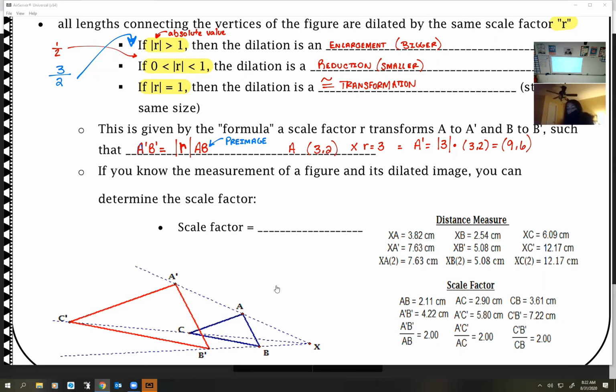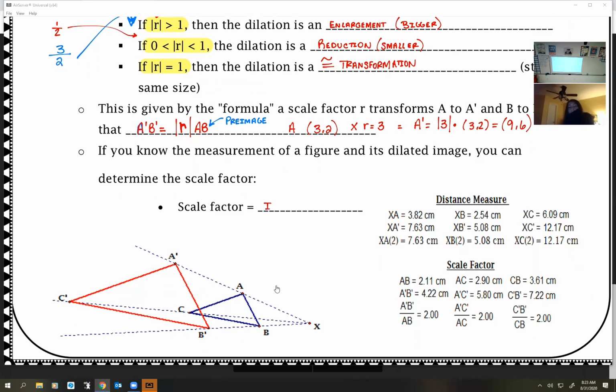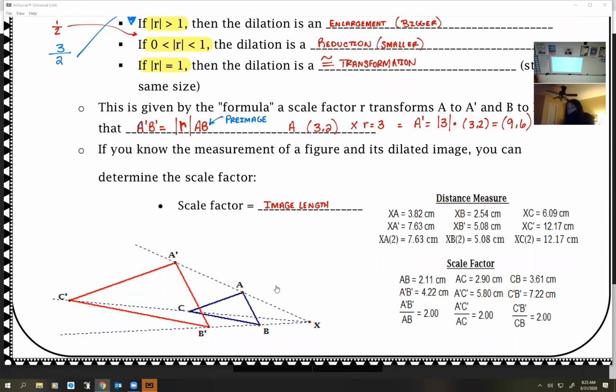We can also derive our own scale factor. So if we know the measurement of a figure, we can do that by counting boxes or using the distance formula. We're just going to count boxes for now. We can determine the scale factor. And we're going to take our image length. Is that our new figure or old figure? New.